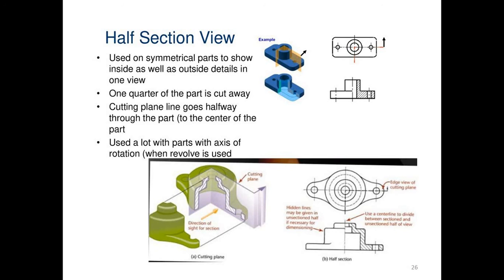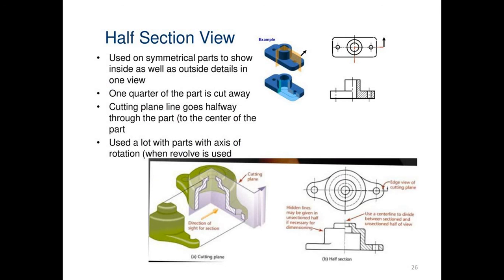Again, a second example is there. We will consider it as one of the half examples. Two cutting planes are taken at the center, at 90 degrees, and the component's orthographic projection is there.